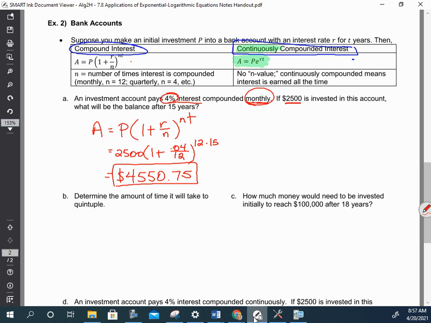So we don't write the 4 at the end? This is money. Money always goes in two decimal places. So the question was, do we take this to three decimal places?